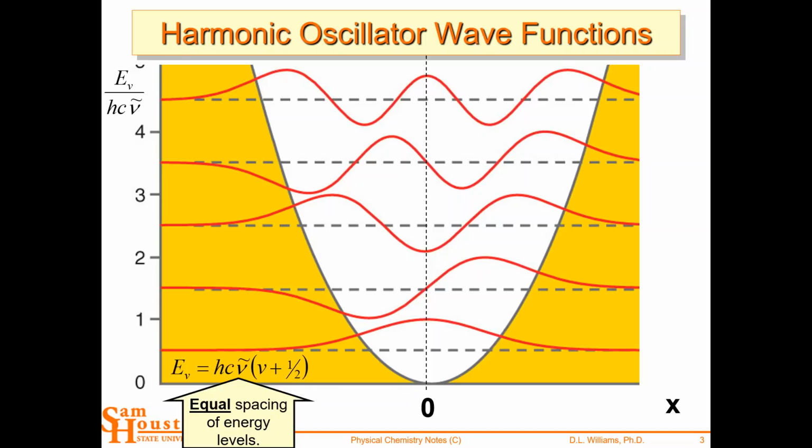And so we have a new energy equation that you need to commit to memory, and that's this down at the bottom. E equals hc nu tilde, which is the frequency in wave numbers, times the vibrational quantum number, v plus 1/2. It may be a little small to see in the back, so I'll write it really big on the board.